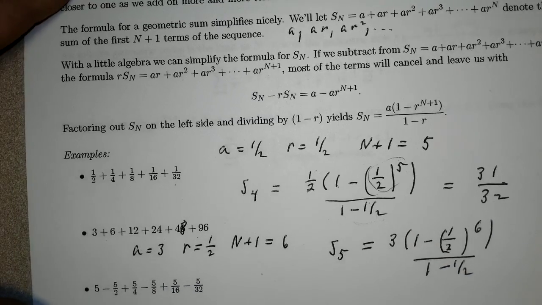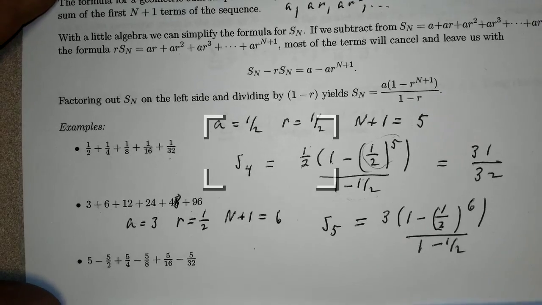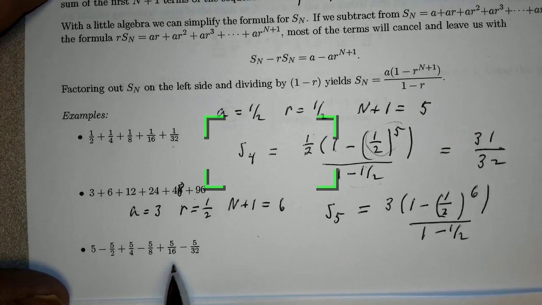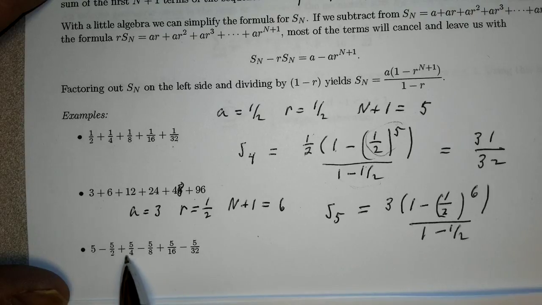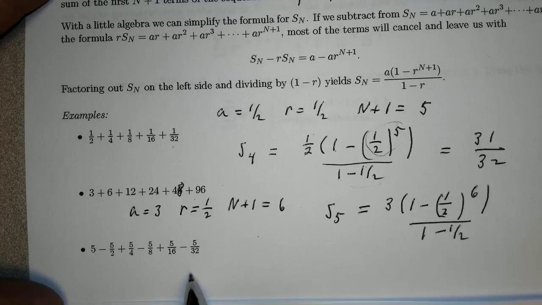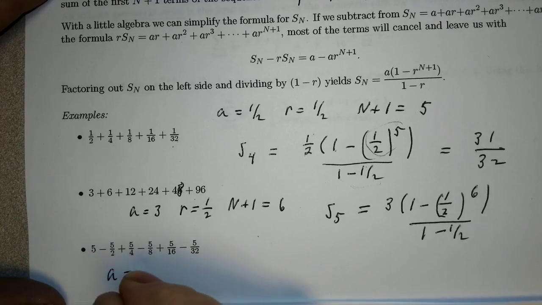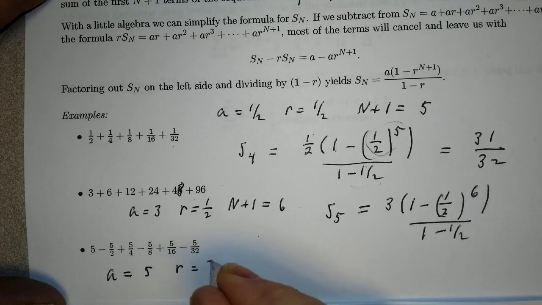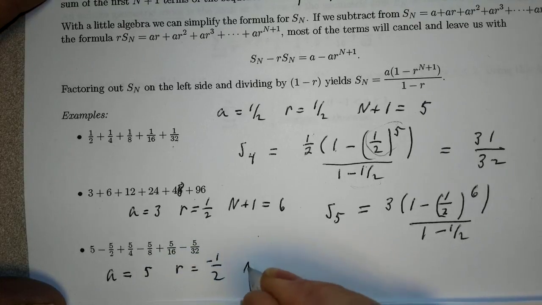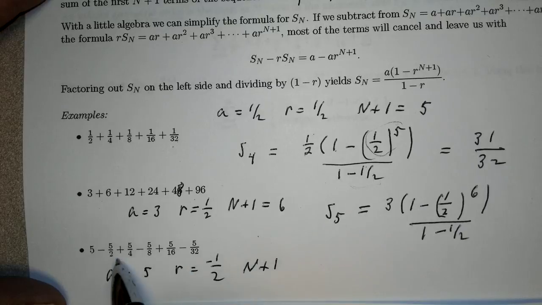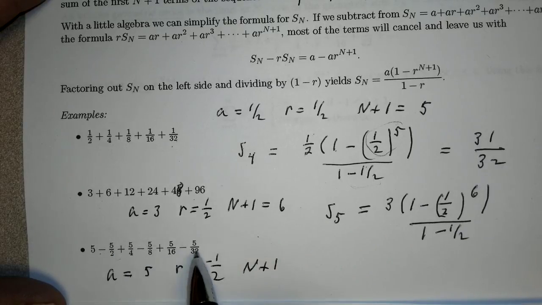Another example. 5 minus 5/2 plus 5/4 minus 5/8, and so on and so forth, up through 5/32. Now we saw from above that the individual terms come from a geometric sequence. In this case, A is 5, R is minus a half, and n plus 1 is equal to 1, 2, 3, 4, 5, 6.